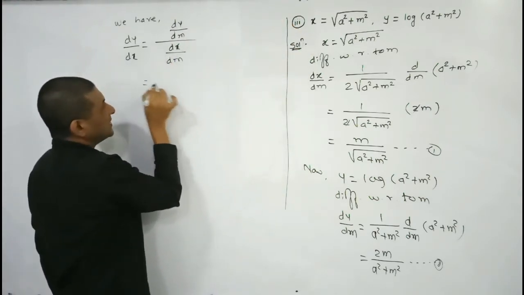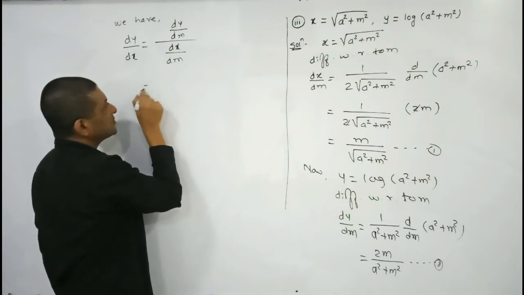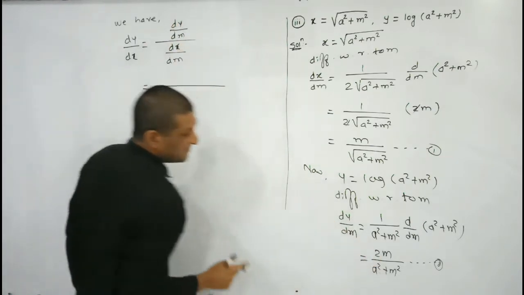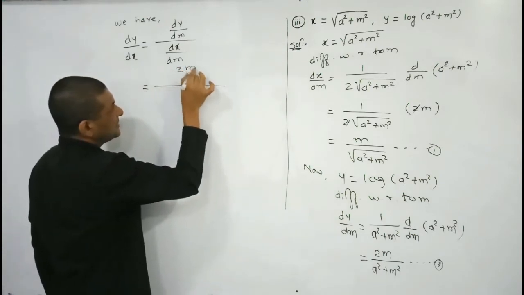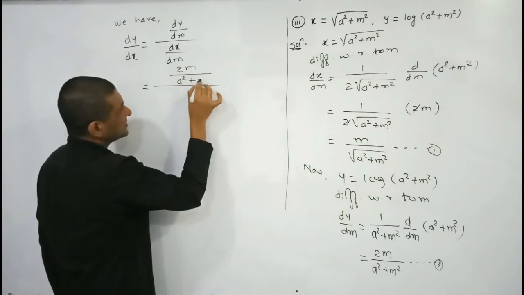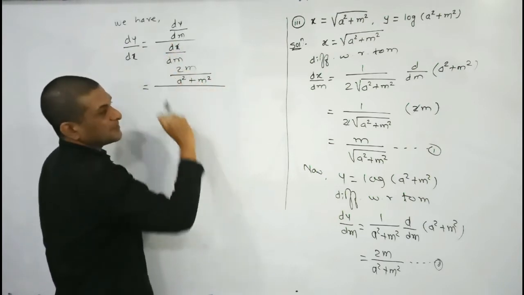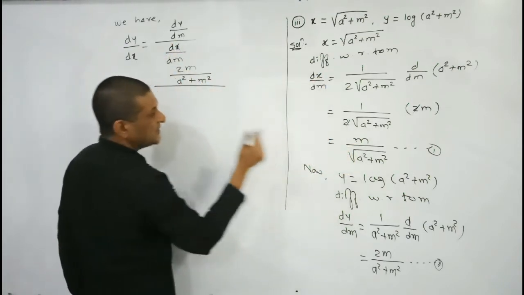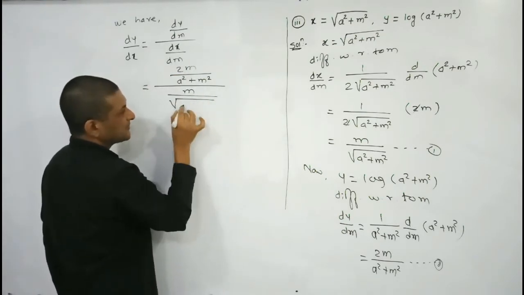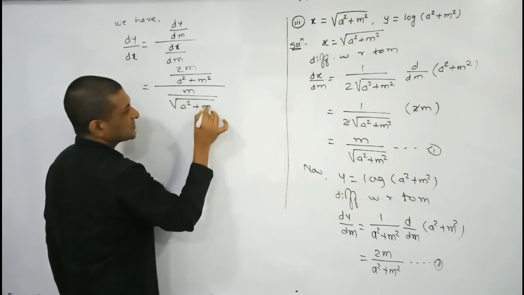So in the numerator substitute the value of dy upon dm. Just now we have got the value of dy upon dm, that is 2m upon a square plus m square, and dx upon dm. What is the value of dx upon dm? It will be m divided by under root a square plus m square.